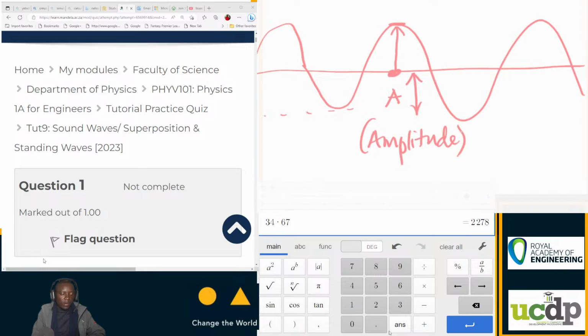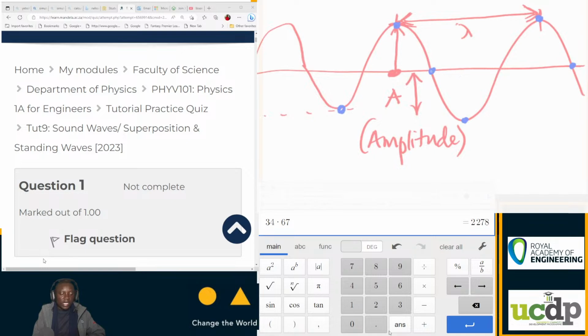And now between successive crests, you can have another feature that you have also looked at, which we call the wavelength. So that's the distance between successive points of the same phase. That wavelength can be from crest to the next crest, or from trough to the successive trough, or from this phase point to the next point of the same phase.